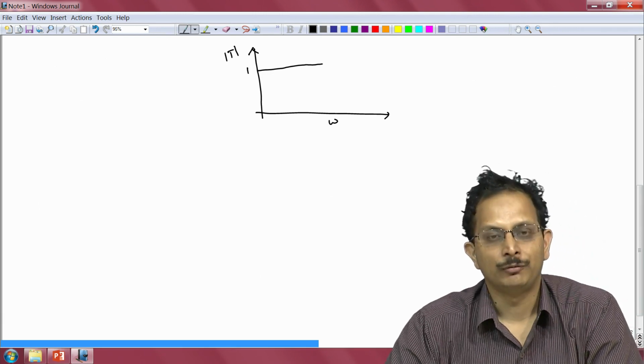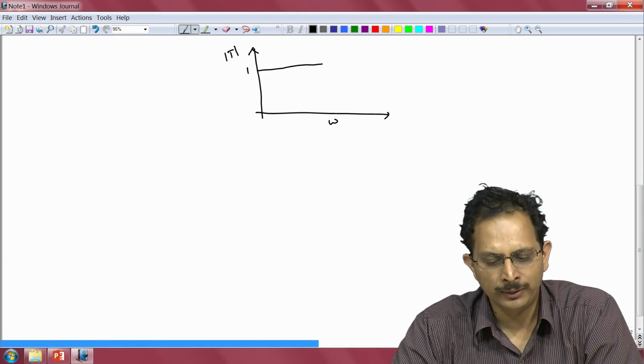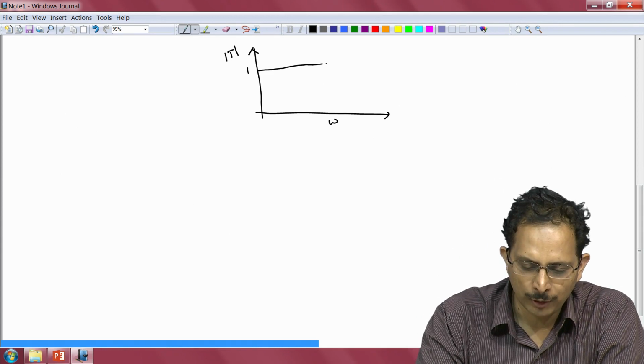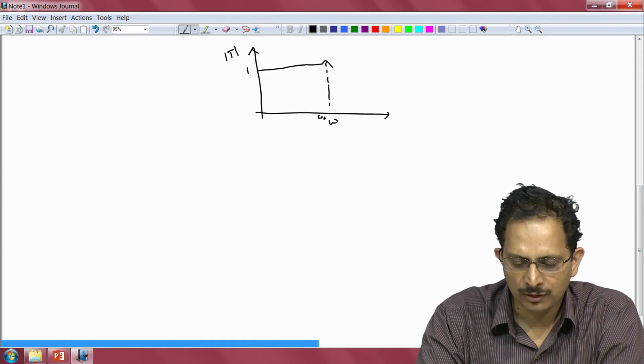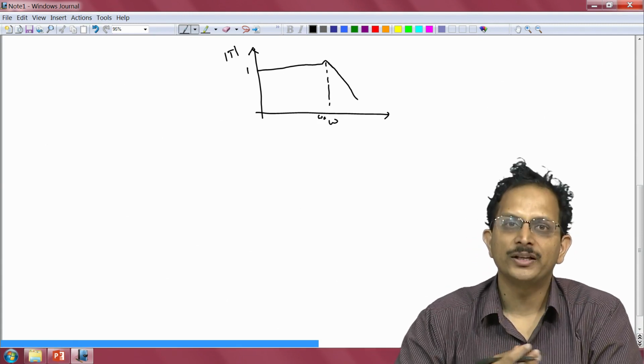Now of course we cannot get the magnitude of T to be equal to 1 for all frequencies. There will have to be a corner frequency omega c at which we should allow this transmission function to roll off. Why is that so?